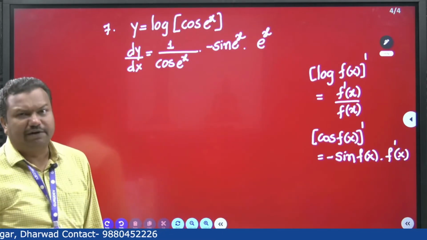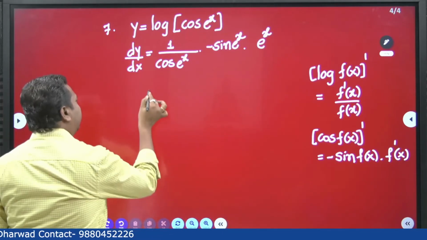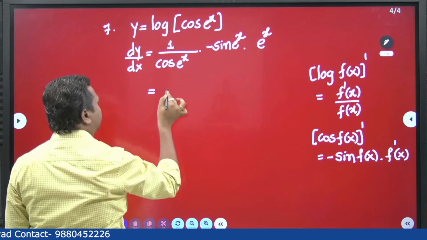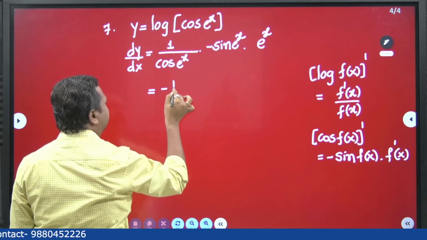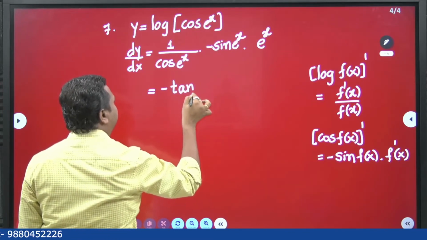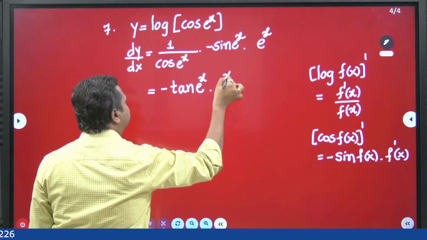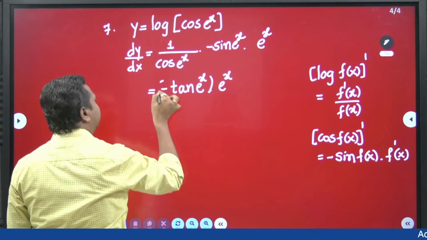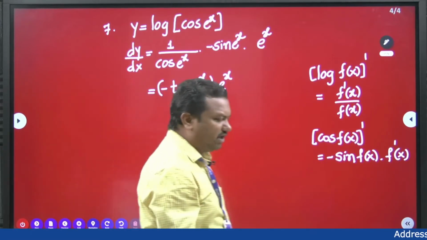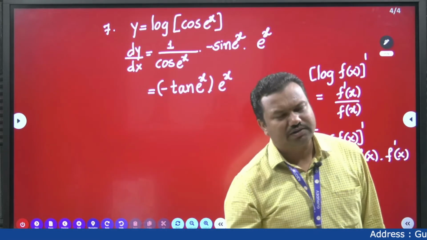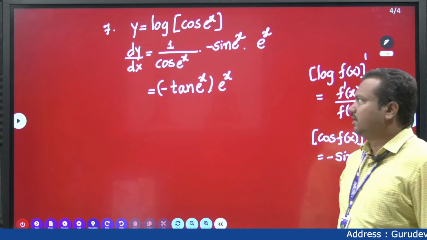If you observe carefully, we have minus sin by cos, that becomes minus tan e to the power x into e to the power x. That becomes the differentiation of the given log cos e to the power x, right?